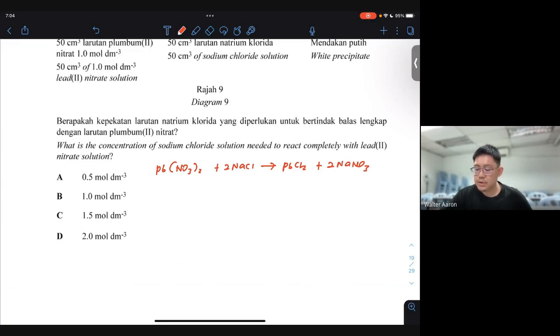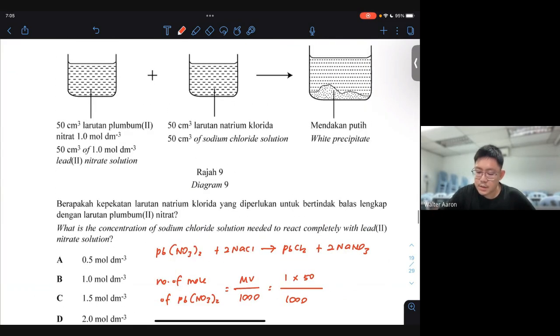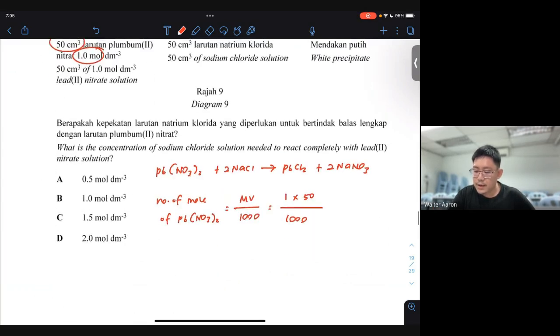Okay, now the first thing to do is to calculate the number of mole of lead nitrate, because that's the only information that's given in full. So you can actually use the formula of MV over 1000, right? So for the MV over 1000 over here, that will be 1 multiplied by 50 divided by 1000. Okay, because you see here, it is 1 mole per dm cube and 50 cm cube of lead nitrate.